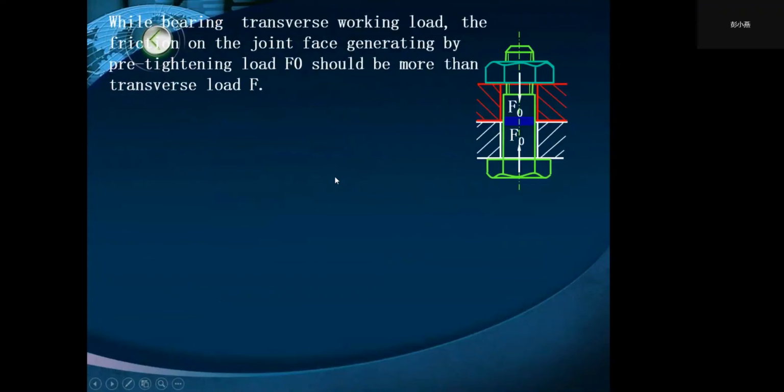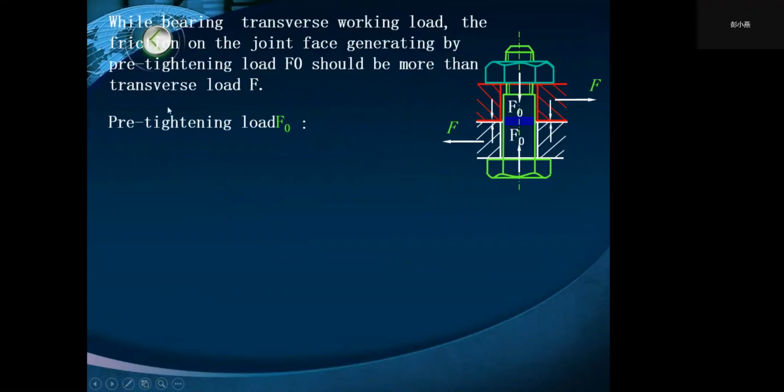If the bolt is bearing a transverse working load, the friction on the joint face generated by the preload F0 should be more than the transverse load.